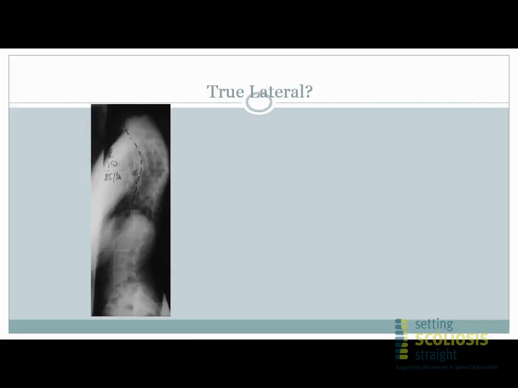Here's an example of this. If you take a child, have them stand straight up and shoot a lateral x-ray, this is what it looks like. This is that side view that Marty was talking about. It almost looks like the child has some kyphosis.